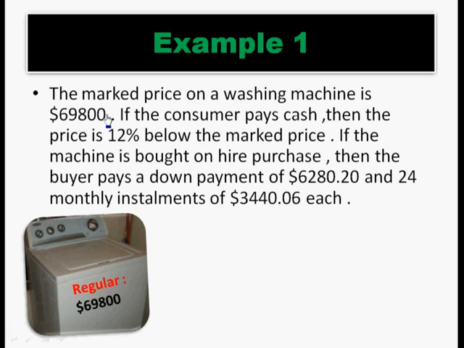Now, so what have we done? Sometimes you are in the exam and you see a worded problem like this. The first thing you need to do is to find out what each value, or each numerical information in the question, represents. So this $69,800, which is right here, represents the marked price.